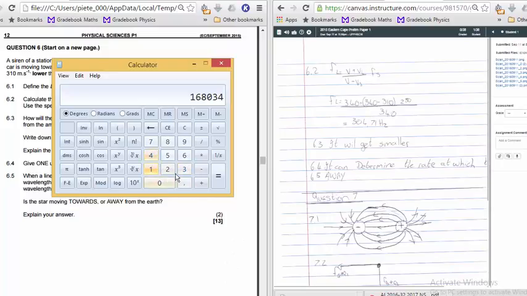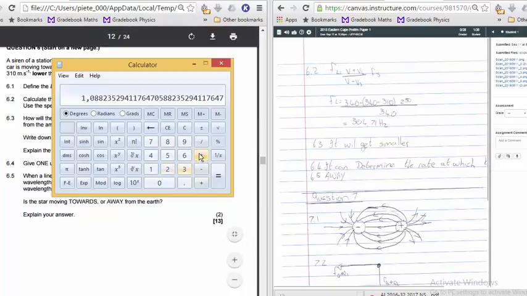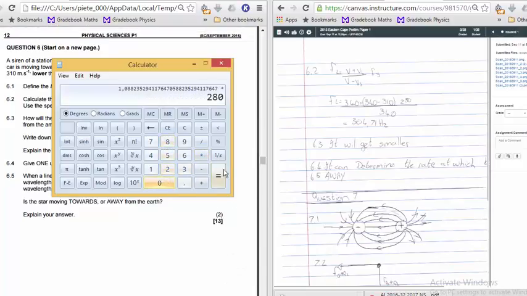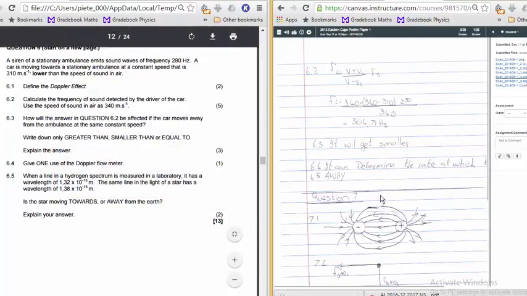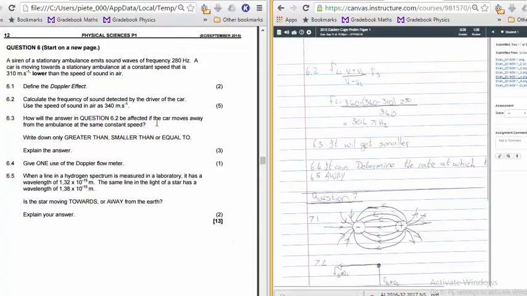So 340 plus the 30 meters per second, divided by the 340, is 1.08 times the 280. That gives 304.71. Perfect. Oh, well done. Okay, that is the frequency observed by the listener.